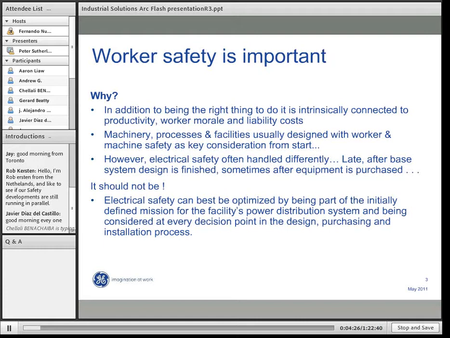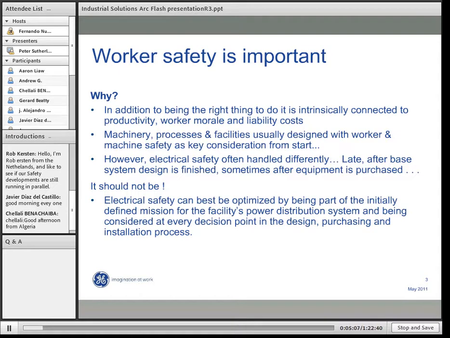So the first thing to recognize is that worker safety is of primary importance, and we don't want to compromise the safety of people working on electrical equipment. And in addition to being the right thing to do, worker safety is connected with productivity, worker morale, and liability.